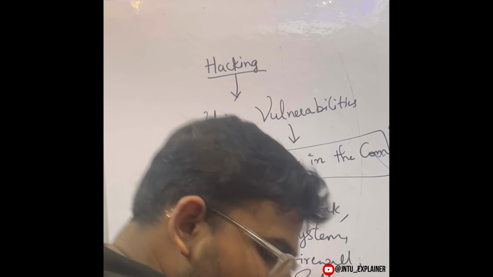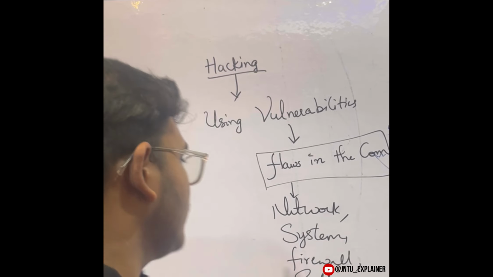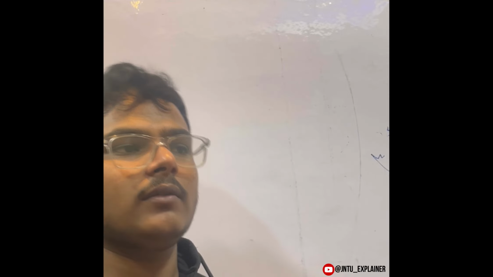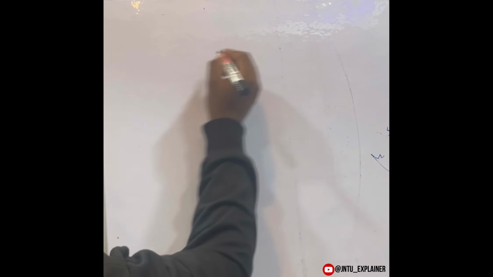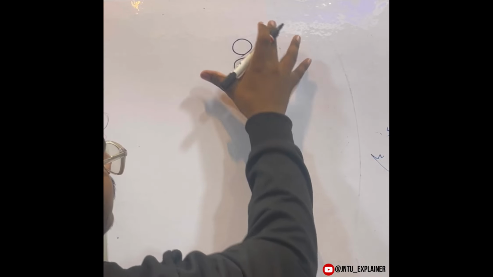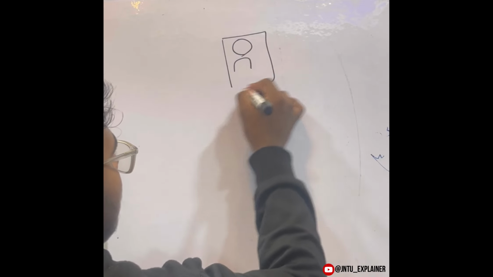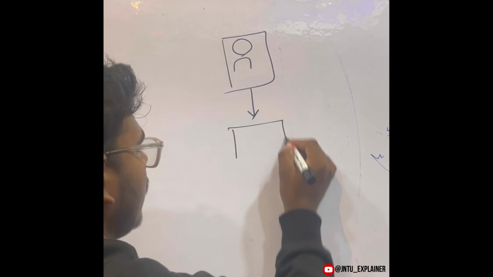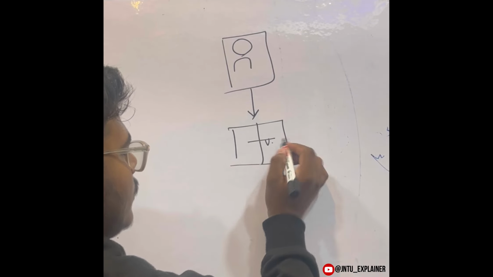So let's try to understand in pictorial representation what is meant by hacking, or what we say is a crime, right? This is the attacker. Here he tries to open the door of your house.